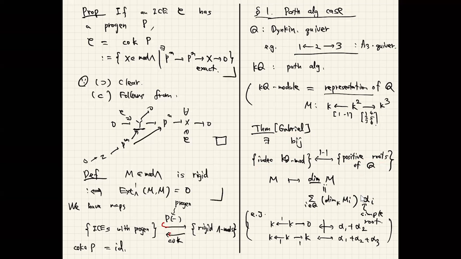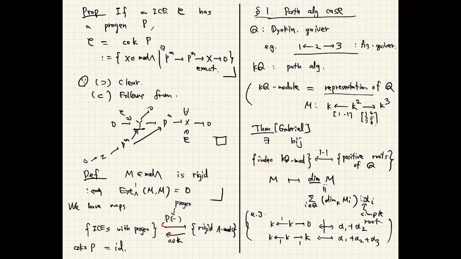And for Dynkin quivers, in particular, it says that there are only finitely many indecomposable KQ-modules. And the classical Krull-Schmidt theorem says that every KQ-module is a direct sum of indecomposable KQ-modules in a unique way.